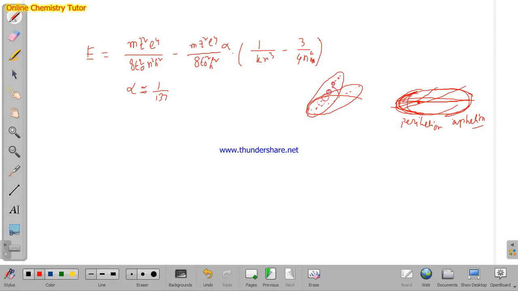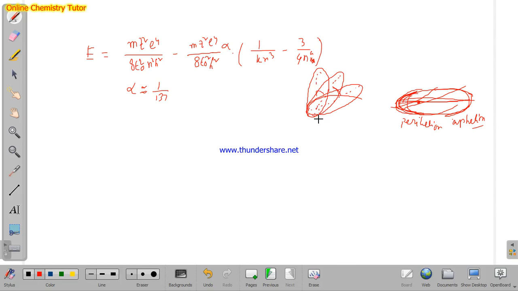So the major axis is moving like that. When this major axis is moving, the electron path is a rosette path.